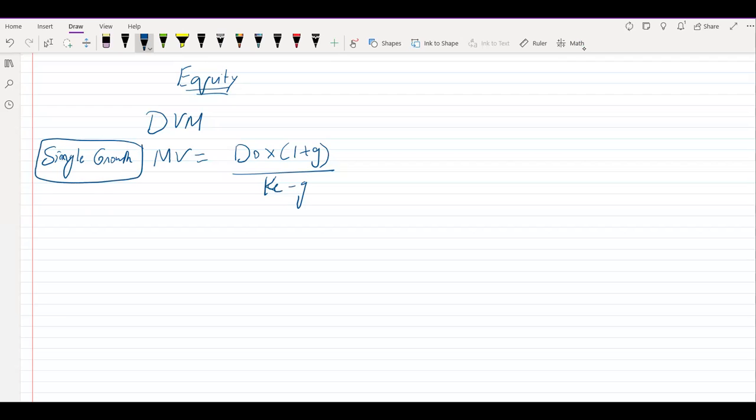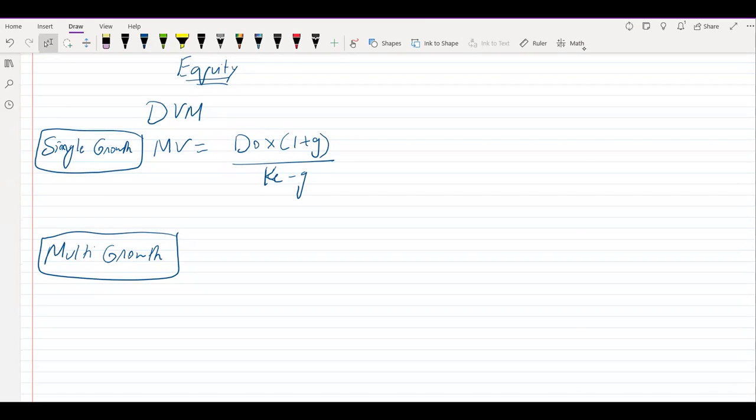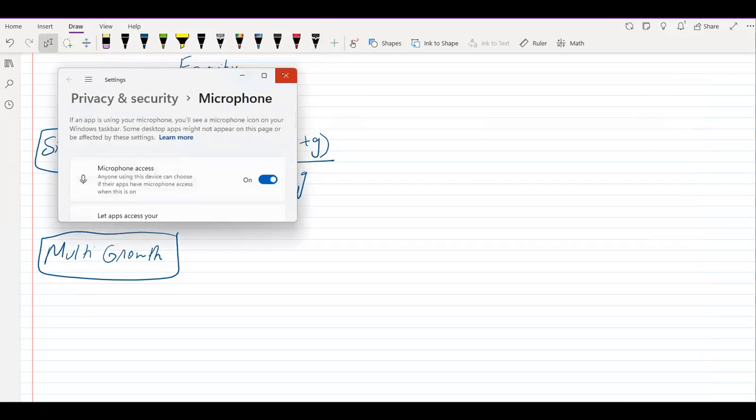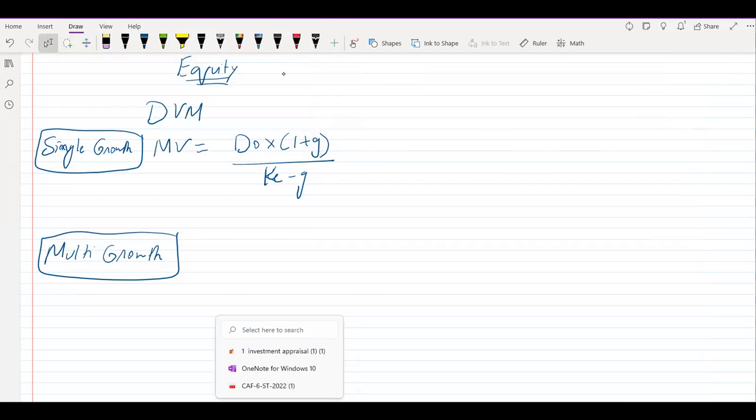In case of multi growth, what you will do? Examiner will give you dividends for a few years.